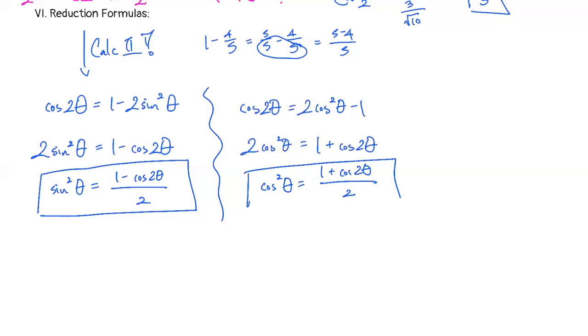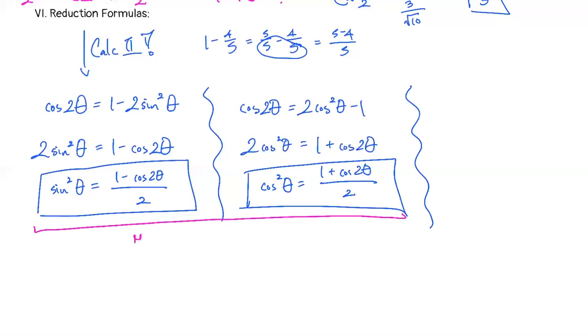And this will give us the reduction formula for cosine squared. Okay. Now again, these two are probably the most used in Calc 2. But I'll show you the tangent one just so that you have it.